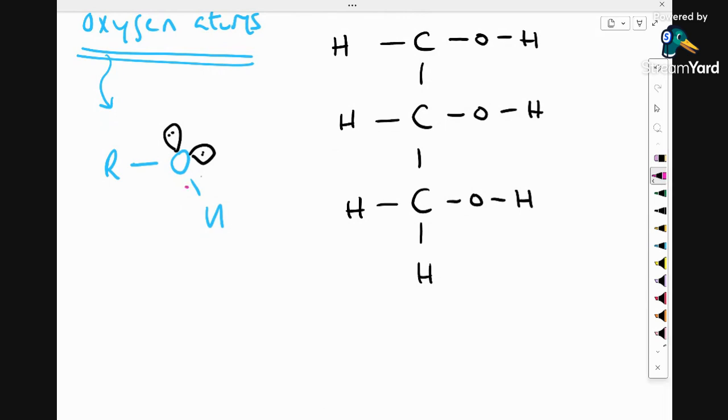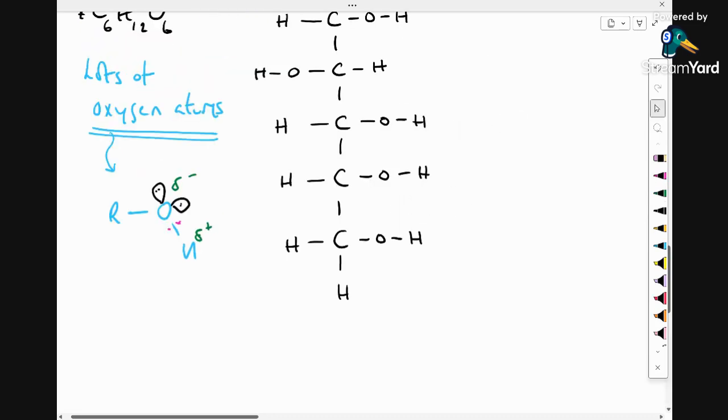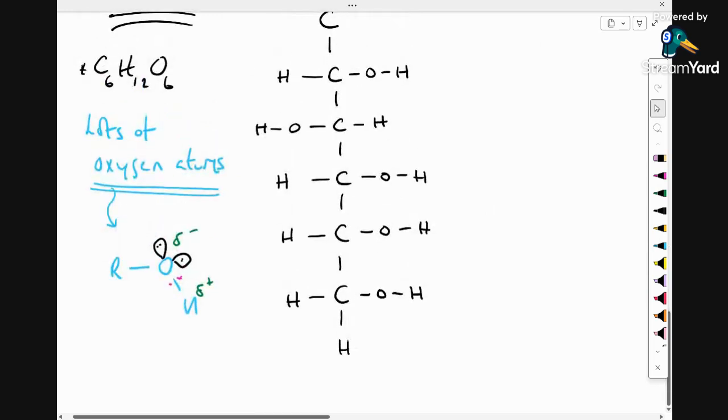So the electrons in this oxygen-hydrogen bond, this OH bond, are skewed towards oxygen. This makes oxygen delta negative. Don't forget you must put delta unless it is a formal charge. And hydrogen is therefore delta positive. That is worth bearing in mind.